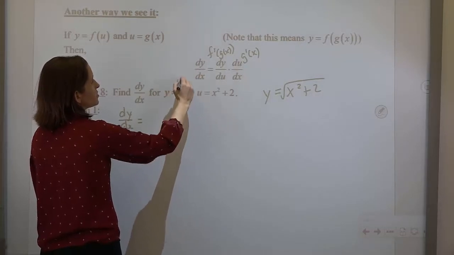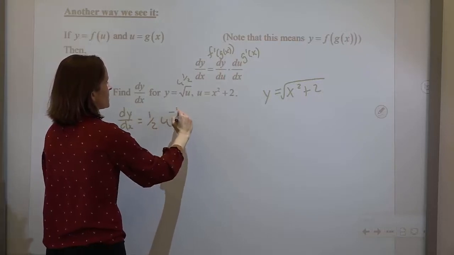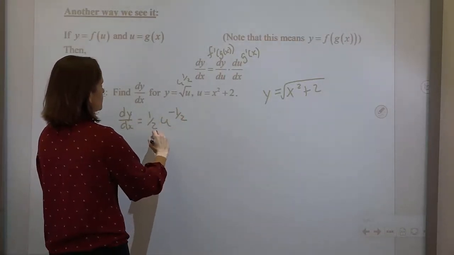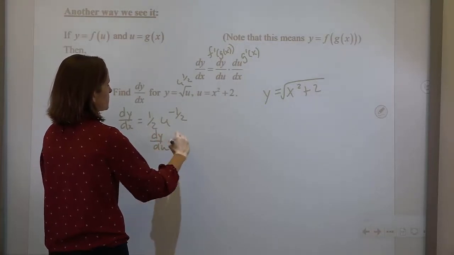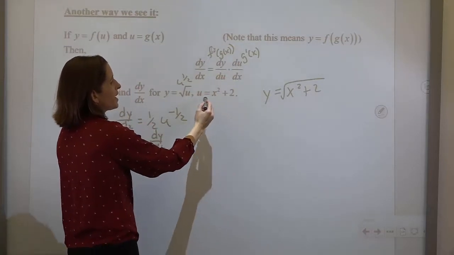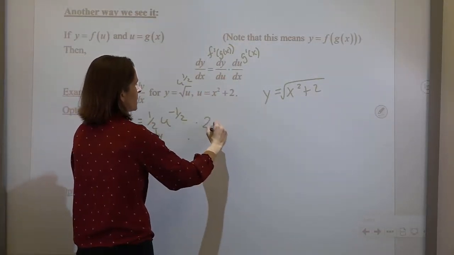Well, this is u to the 1/2 if we rewrite it, so that's 1/2 u to the negative 1/2, just power rule. That's dy du. Then we multiply by the derivative of u with respect to x. Well, the derivative of u is 2x plus 0, so 2x.